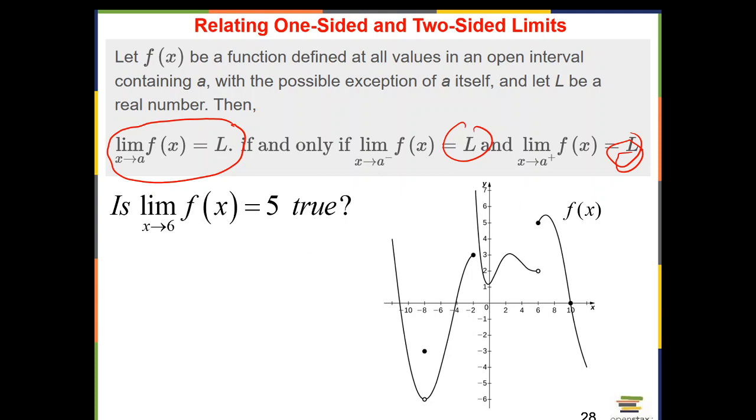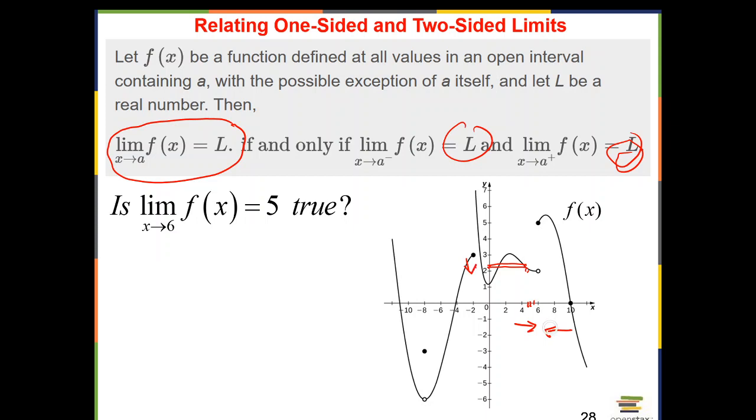All right, so let's look at an example here. Is it true that the limit of f of x equals 5 when x approaches 6? Well, let's see. If you go from the left of 6, looks like the limit is 2, right? Because these are the function values, and they are approaching 2.